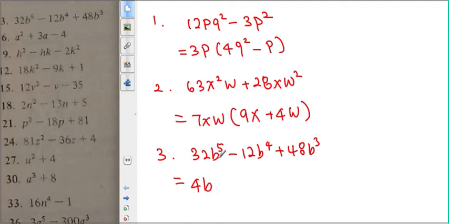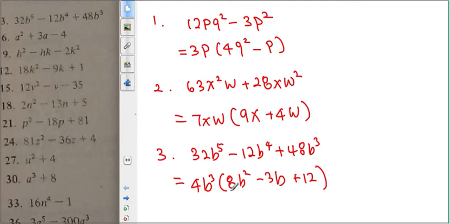B to the 3rd is contained in all 3 of them, so b to the 3rd power. Then we have 8b squared left, the second one is minus 3b left, and the last one becomes plus 12 left. All right, then there are no other common factors.